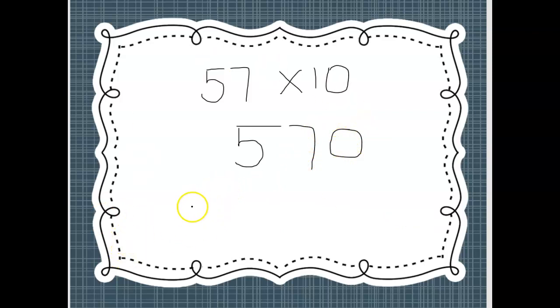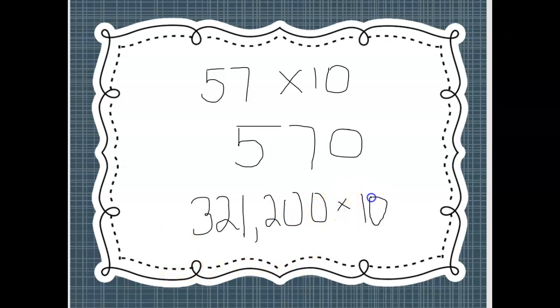So even if you had, let's say, 321,200. That's a really big number. And you wanted to multiply it times 10.